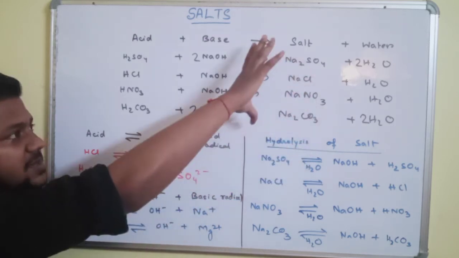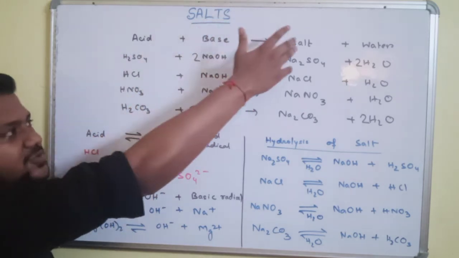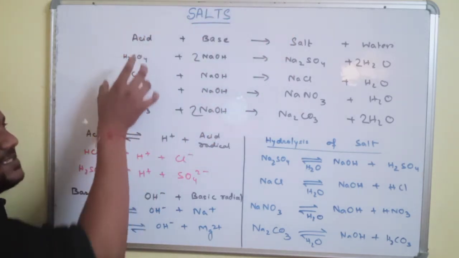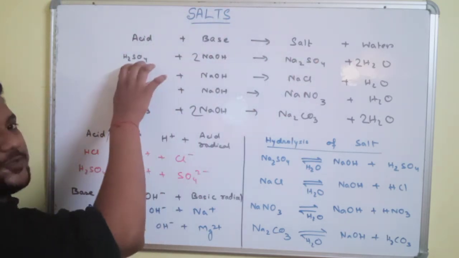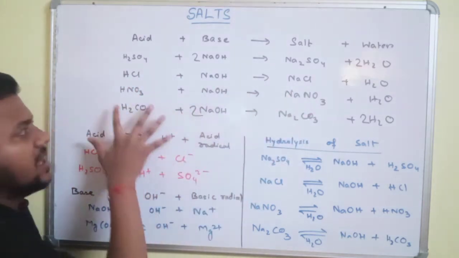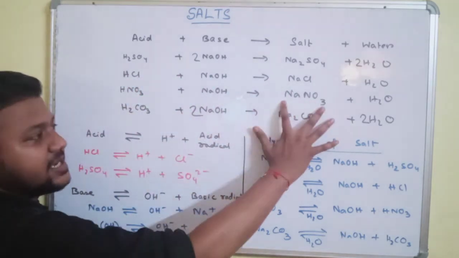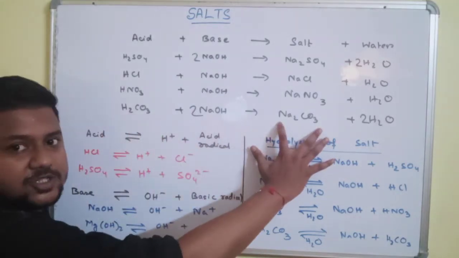Okay, so this was the part where we see that an acid reacts with a base to give a salt. The several acids give several acidic salts. Sulfuric acid gives sulfate salts, hydrochloric acid gives chloride salts, nitric acid gives nitrate salts, carbonic acid gives carbonate salts.